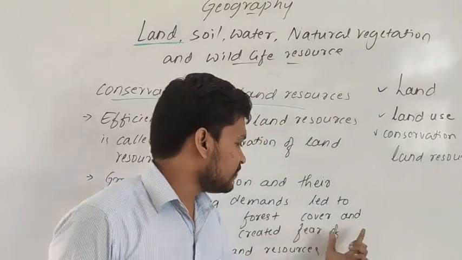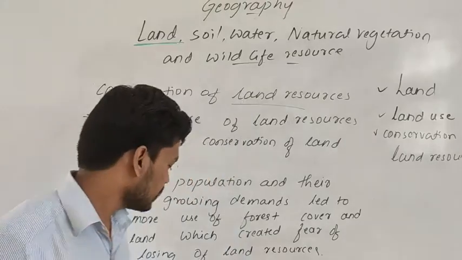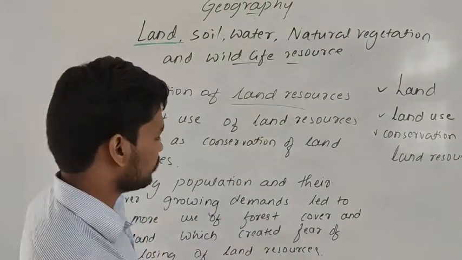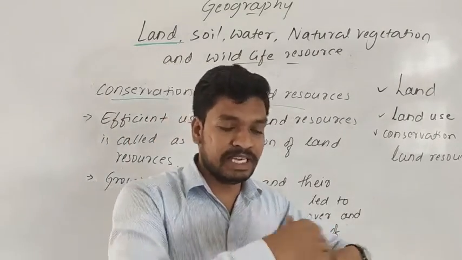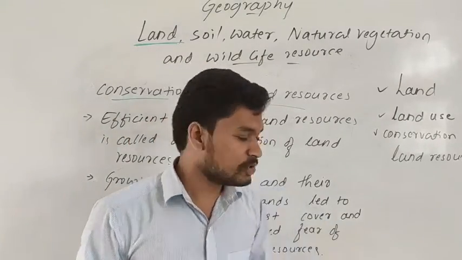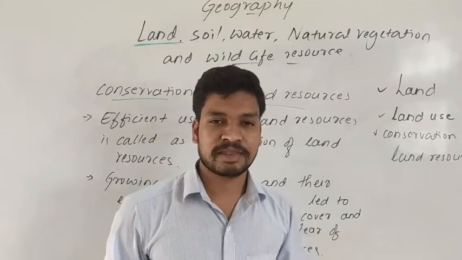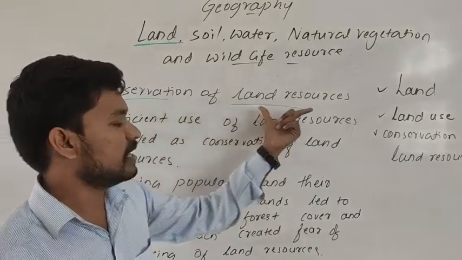So it has led to fear. It has created fear in us about losing our land resources. Because of all the demands, we are using the land resources abundantly, so it created fear in us of losing them. Because of this, we need conservation of land resources.